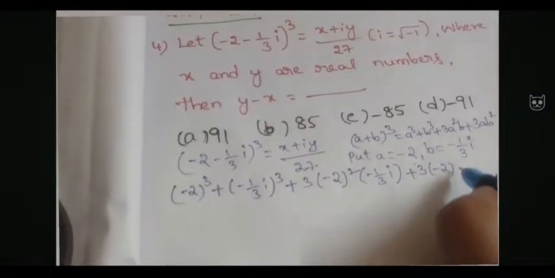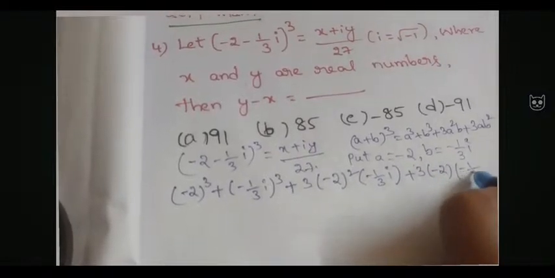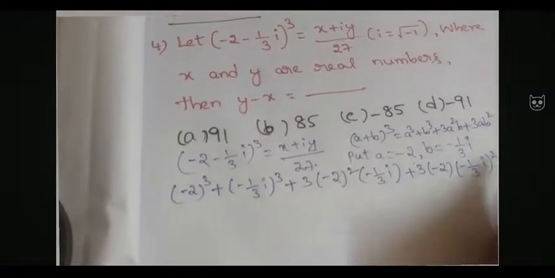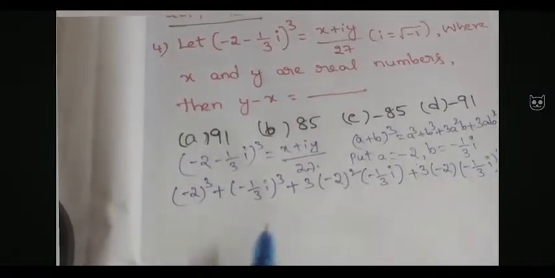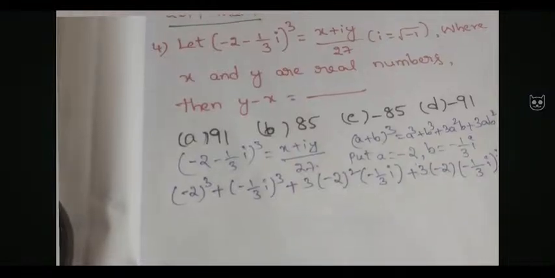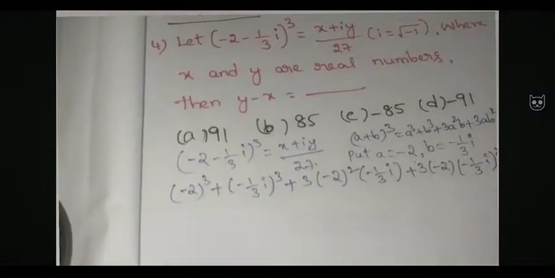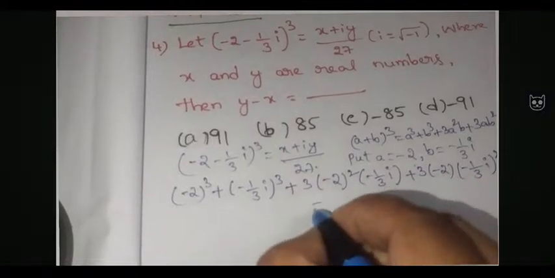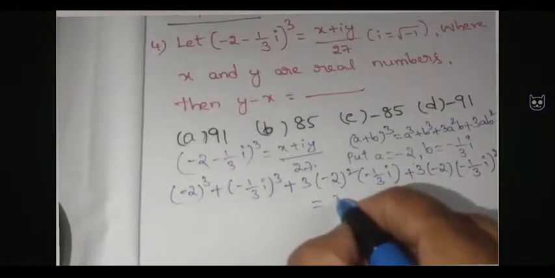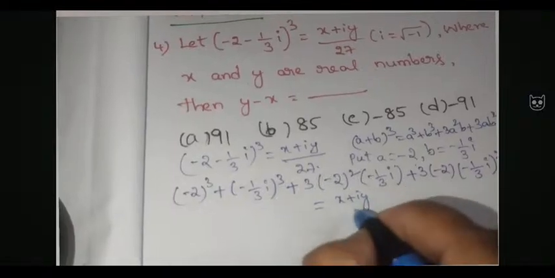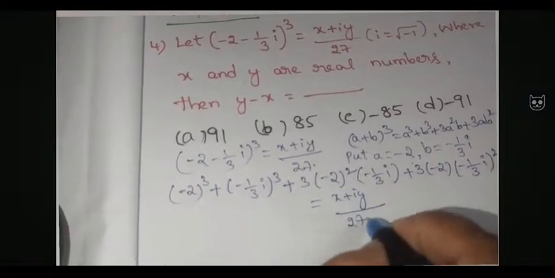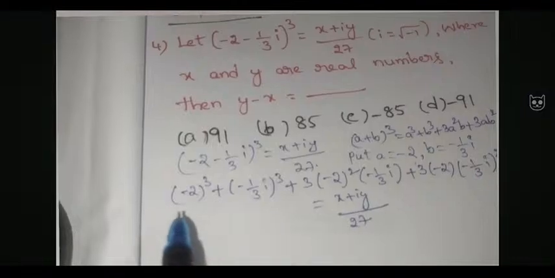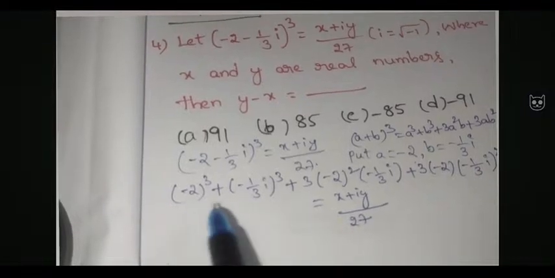Minus 2. b square. What is b? Minus 1 by 3 into i whole square. Now I substituted all these values in this problem. Now that equals x plus iy divided by 27.